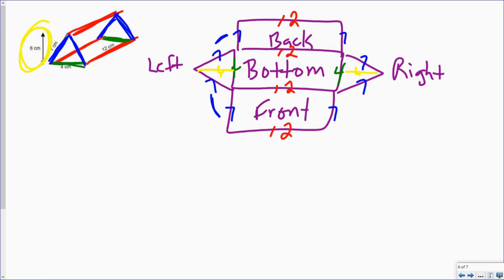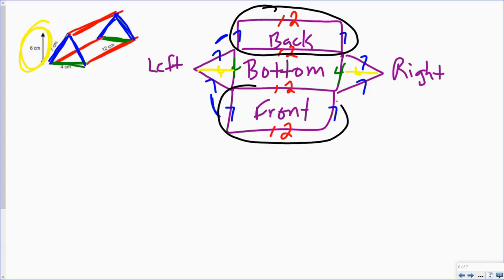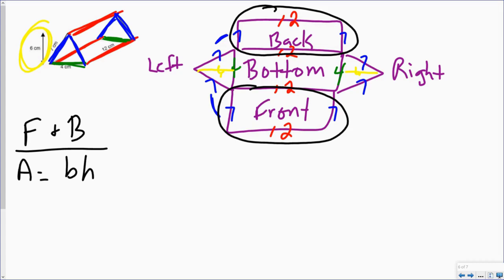So my first one is, I'm going to take a look at this one right here and this one right here. So I'm going to do the front and the back. So I'm going to say F and B. And again, area for rectangles is base times height.